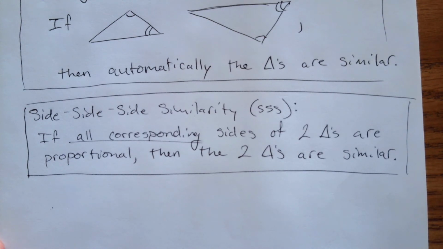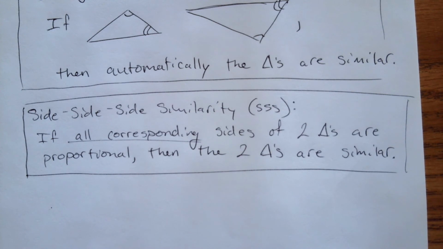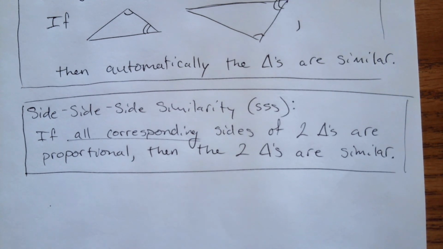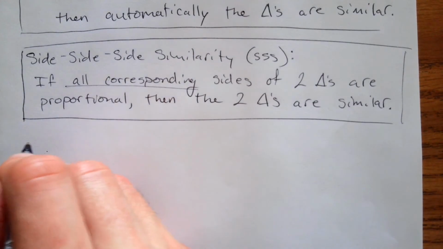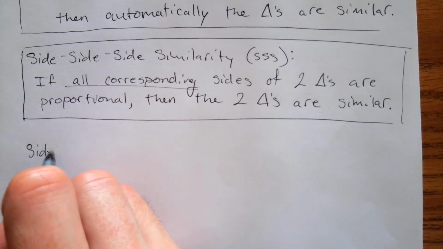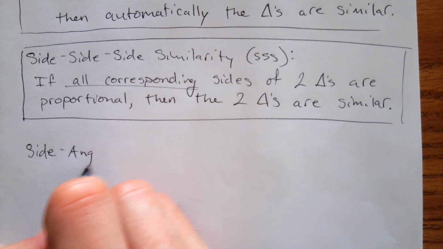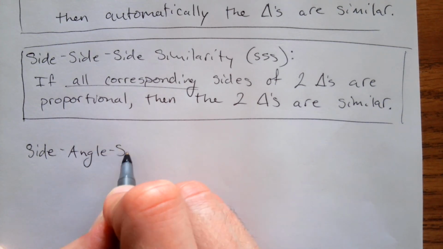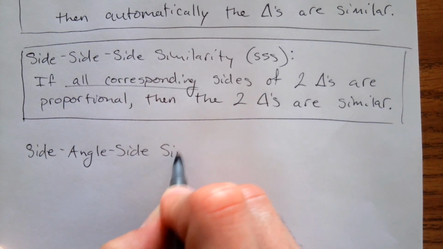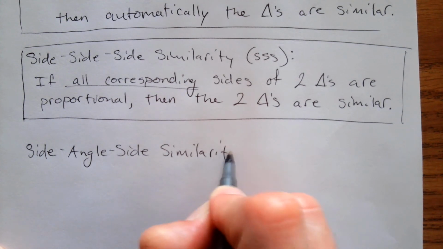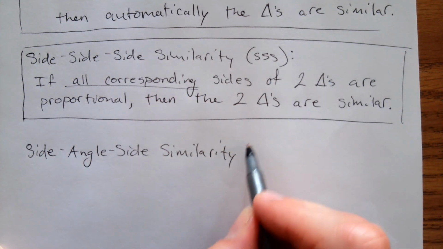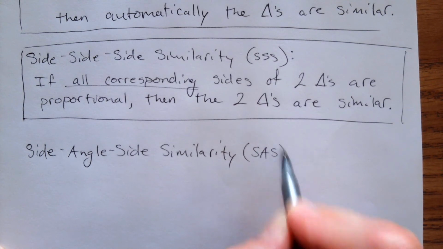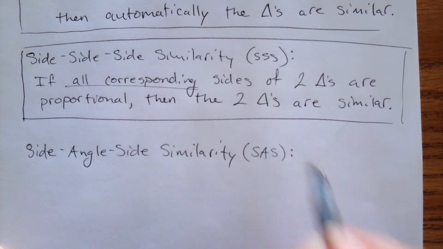And then the last one before we get to the examples is similar to the ones that we had before, but it's going to be side angle side similarity. Notice that I'm not talking about congruence in these cases.